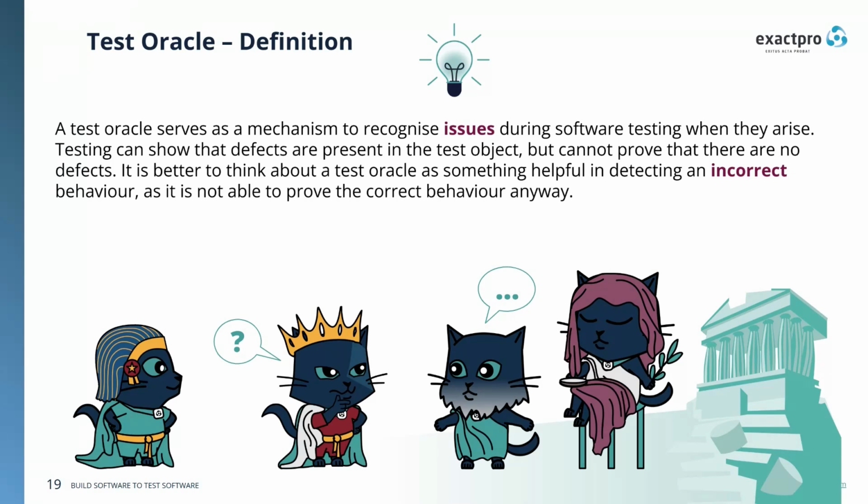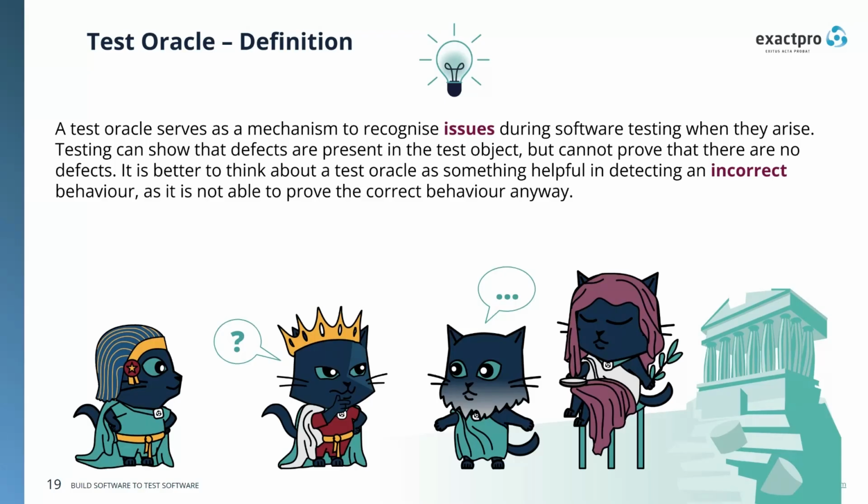But 20, 30 years ago, people were already aware that there is no such thing as an ideal test oracle. A test oracle should be better treated not as something that says pass or fail, but as something that attracts attention.